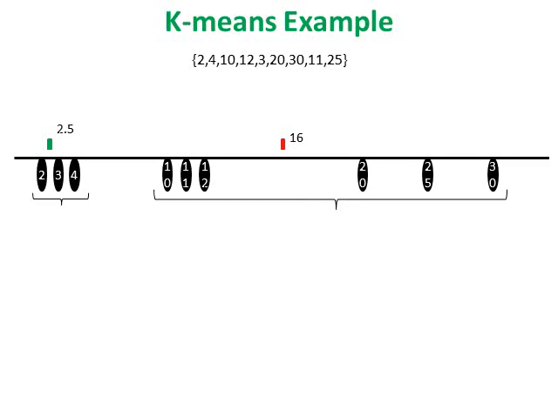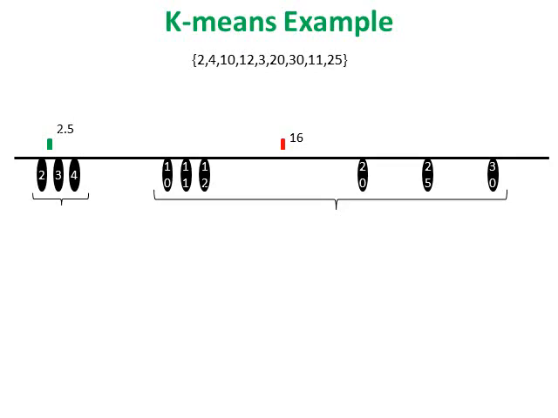We have to calculate the mean again. Assign similar data objects to the new centers. This process iterates until the centers are not changed. The process of iteratively reassigning objects to clusters to improve the partitioning is referred to as iterative relocation.